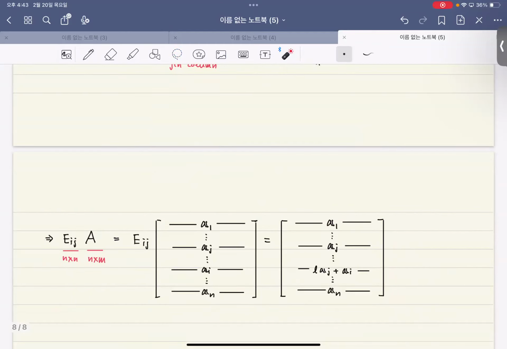This time around, the elementary matrix E_ij is not multiplied by a single column, but by an n by n matrix. Let me see what is happening here.